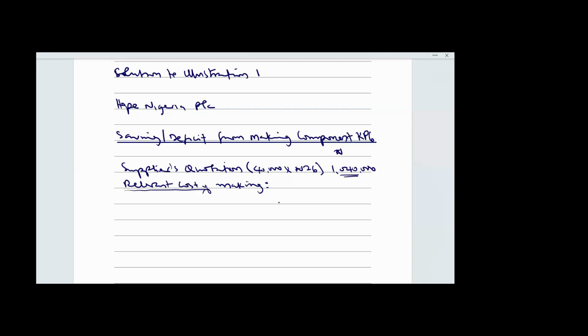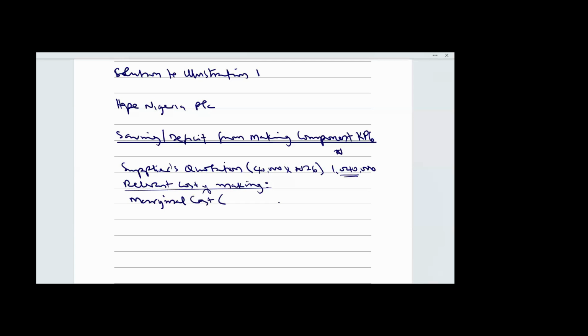So you compare that with the relevant cost of making the components, KP6. According to the question, we are not given direct material, direct labor, all those variable costs. Everything has been put together in your marginal cost. Marginal cost is the same thing as variable cost. So I will come here, marginal cost.